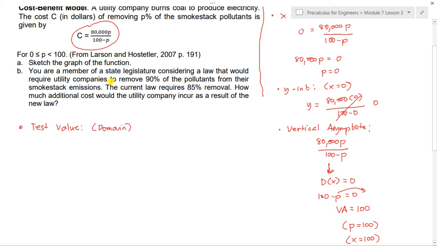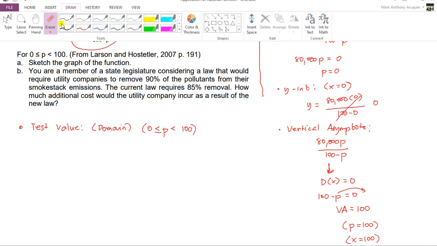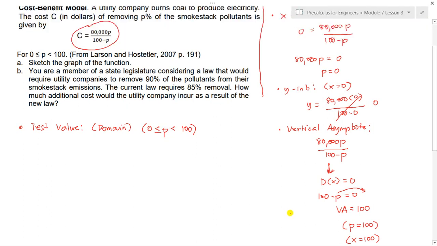We're in our P, di ba? Ingon siya ang P kay from 0 naman daw ko, no? So naam data diri sa domain, gilista naman. Ang domain is from 0 less than or equal to P less than or equal to 100. Less than na kay ano, di mag-equal ang 100 tungod kay ang value nga 100 kay mo na ang vertical asymptote. So mandi siya mo tama dira.